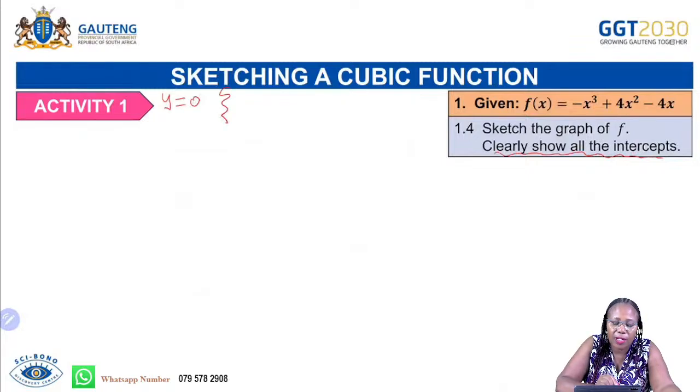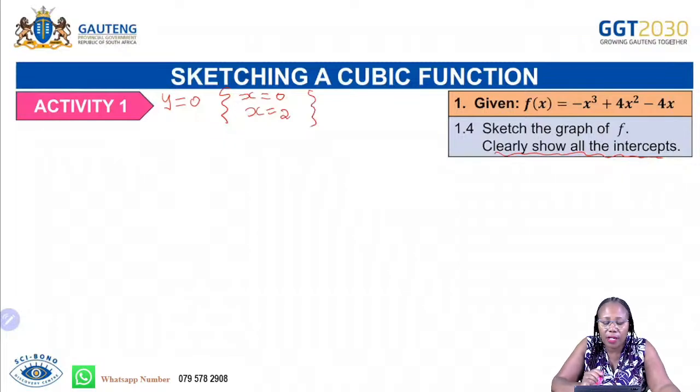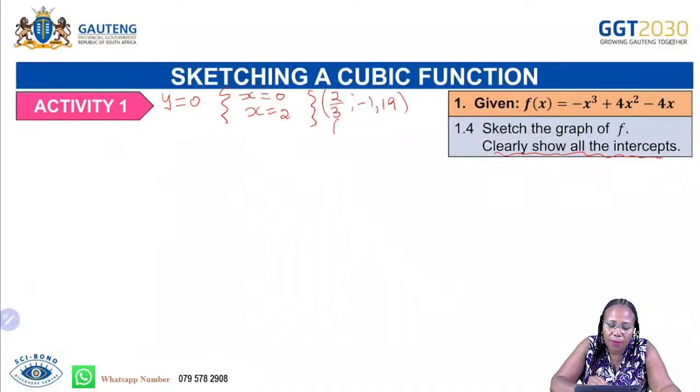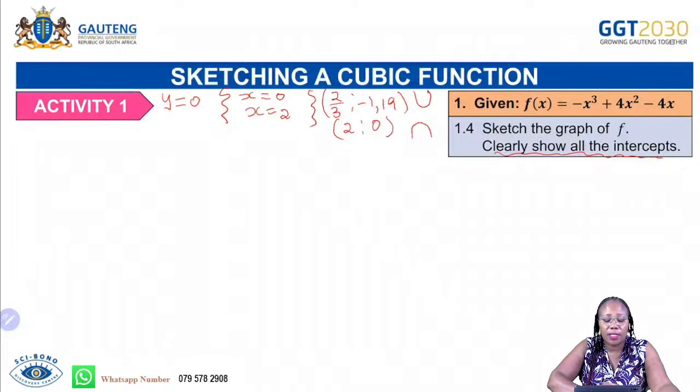And then we calculated the x-intercepts where we have x equal to 0 and x equal to 2. We have just calculated the stationary points, 2/3 alternating with -1,19, and another one being 2 alternating with 0. And then we said this is the minimum and the maximum turning point.